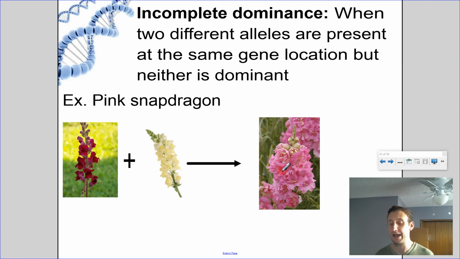Eye color has some incomplete dominance going on, and other things do too. So both kind of show up, right? They both show themselves somewhat. One isn't completely dominant over the other, but instead it's this sharing thing. But we are only going to deal with traits in our discussions that are very clearly either dominant or recessive, which makes it a lot easier for us to discuss it.